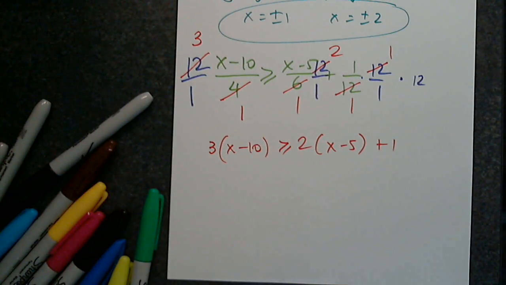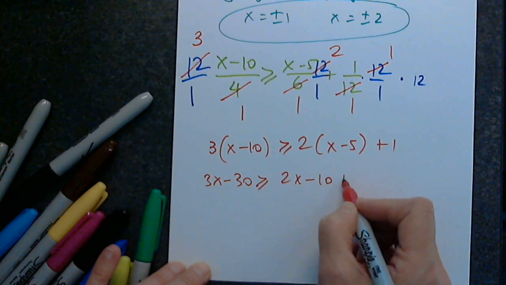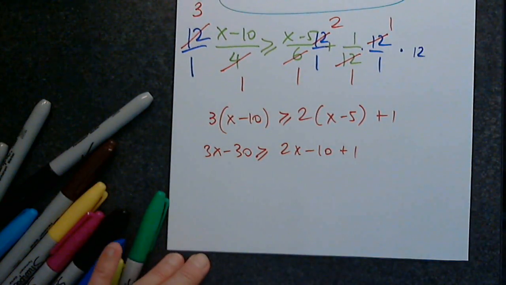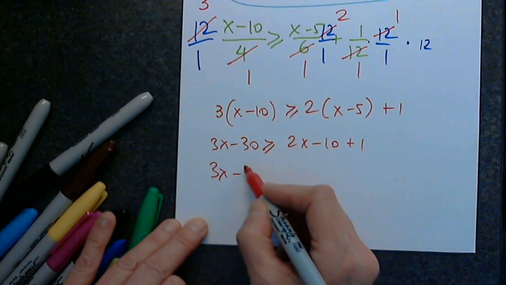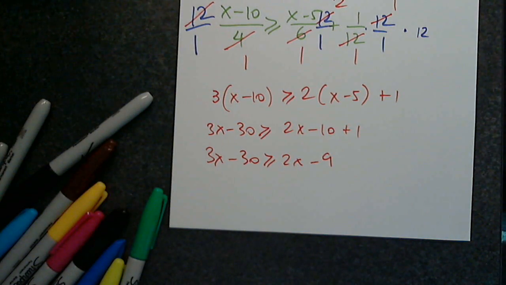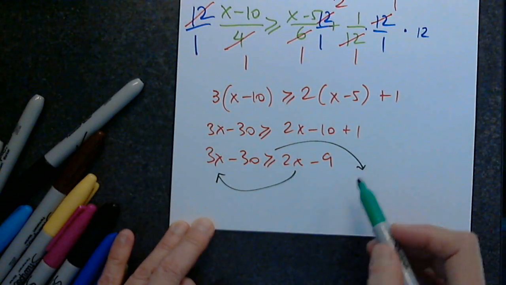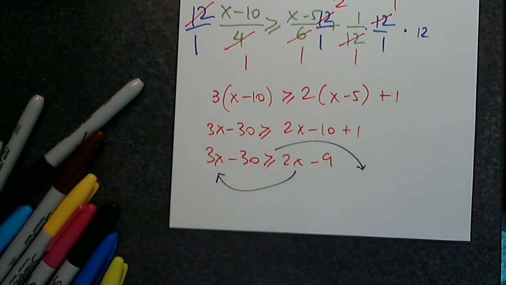Now we distribute, indeed, 3x minus 30 greater than or equal to 2x minus 10 plus 1. First simplify, 3x minus 30 greater than or equal to 2x minus 9. And only now start moving terms around. So move 2x and move negative 30. When you move 2x from being positive, it becomes negative. 3x minus 2x is?